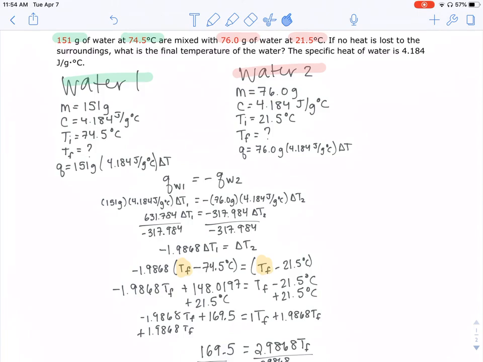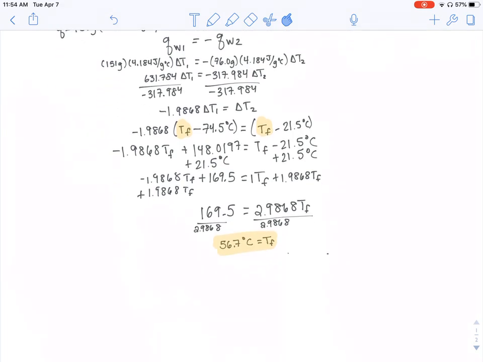But in any other problem, you'll just set up your two separate ones, and then you'll have to distribute, combine like terms, and do all your math. So again, the setup really isn't that much different than if you were solving for one of the missing masses or one of the missing specific heats. The only difference is the algebra is a lot harder when you're missing the final temperature.